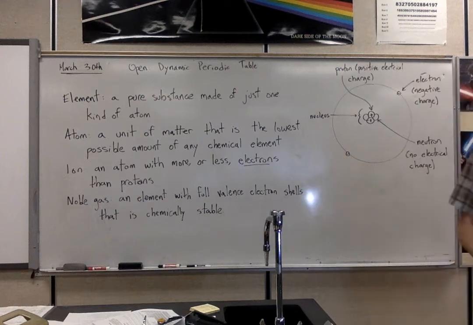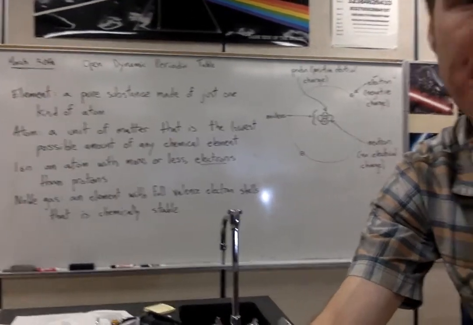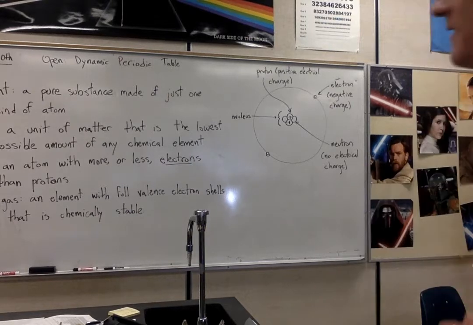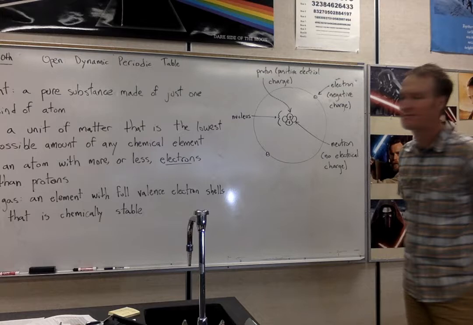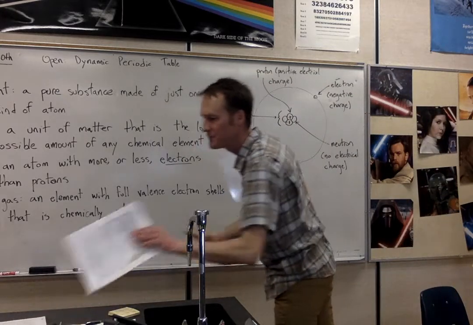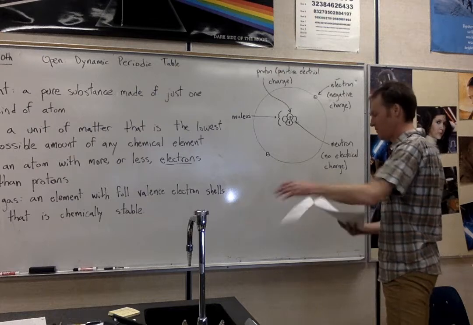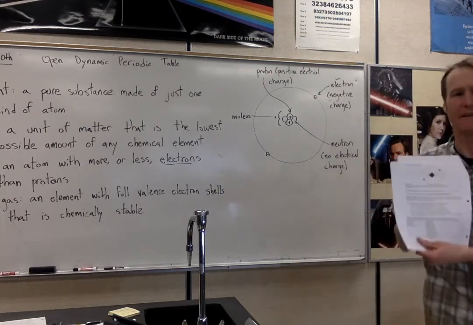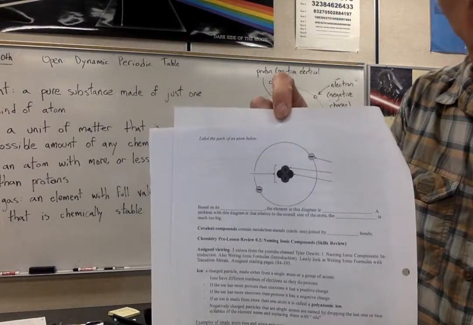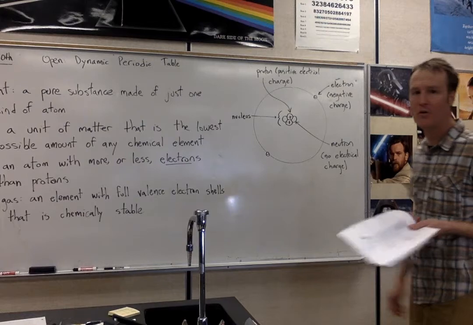What is in an atom? Maybe best to shift over to here. This is the diagram on the second page that you see of your notes packages. What we've got right there is a diagram, again, for an atom.